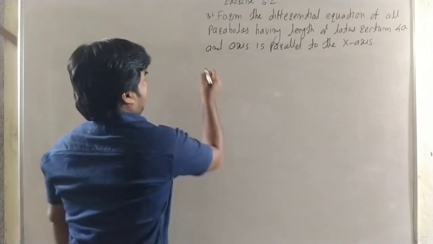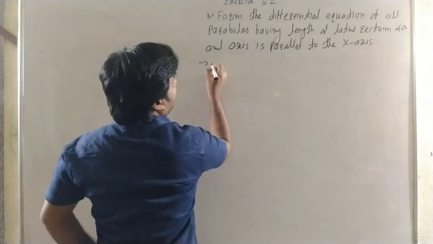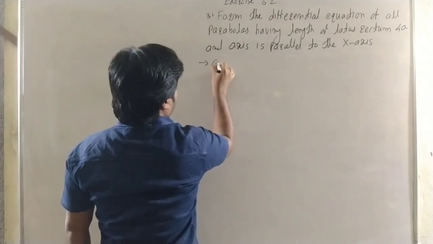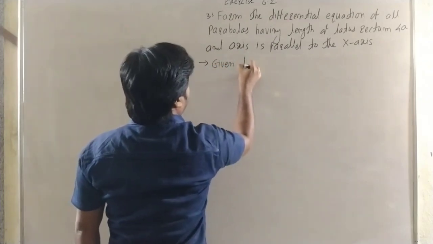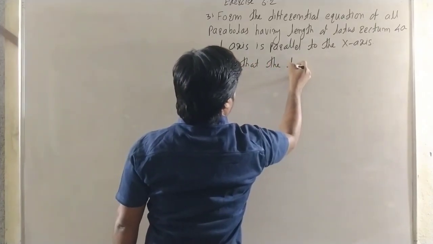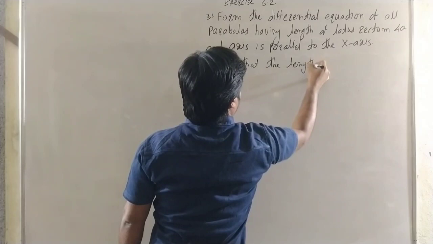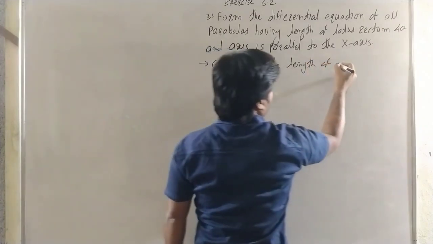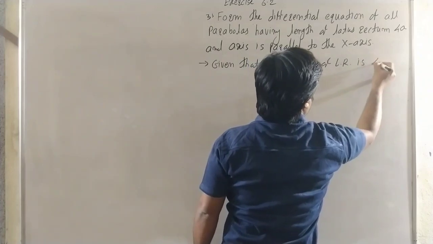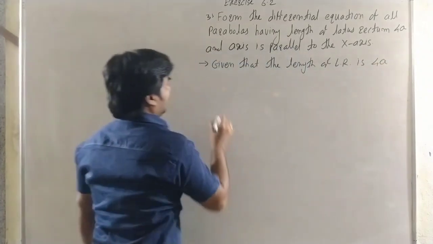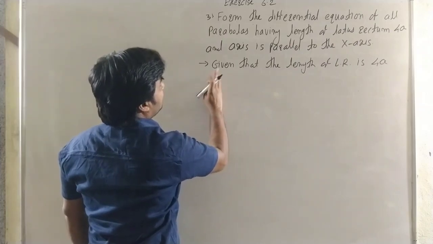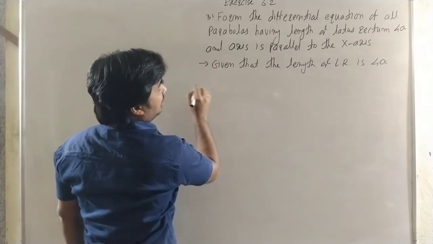Here, given that the length of latus rectum is 4a, it is given. And given that the axis is parallel to the x-axis.